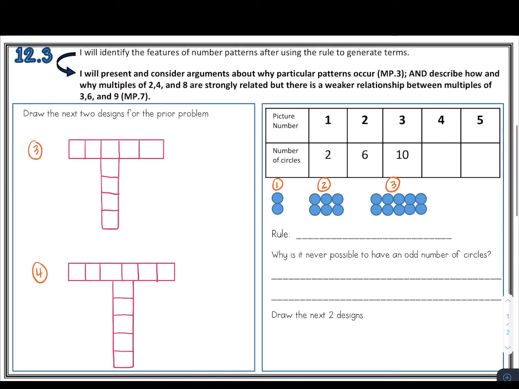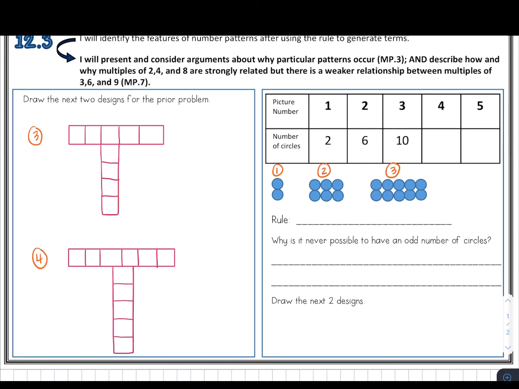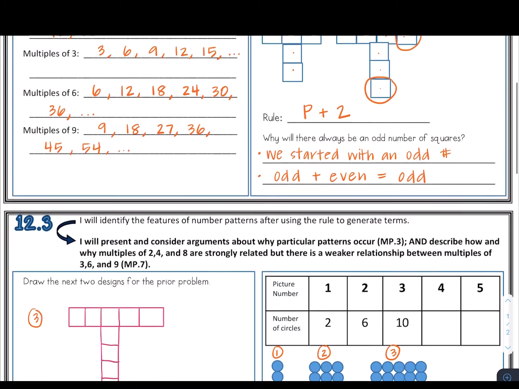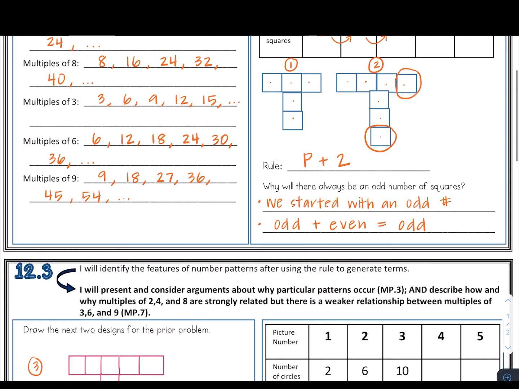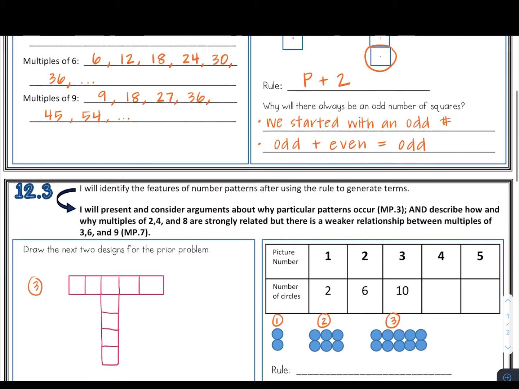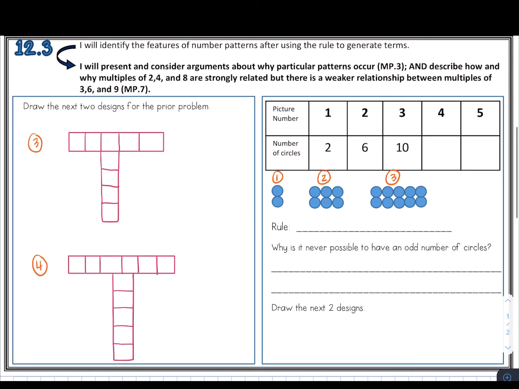Let's take a look down here. So they want us to draw the next 2 designs for the prior problem. So that means up here we're going to draw picture 3 and picture 4. And again, remember what we did was for picture 3, we started with picture 2 and we added 1 across the top and 1 at the bottom. For picture 4, we did the same thing.